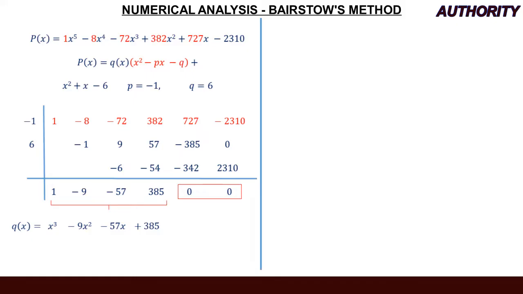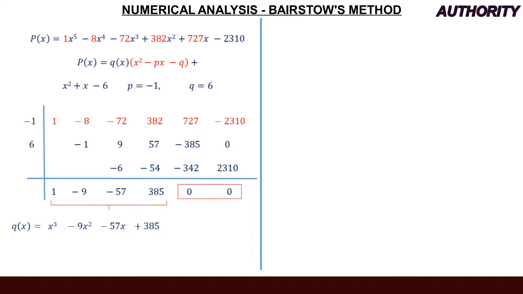So the idea is when you have a polynomial of any degree, Bairstow's method helps you to break it down into quadratic polynomials, or into a product of quadratic polynomials. It will first of all extract a quadratic polynomial from the polynomial that is given to you.